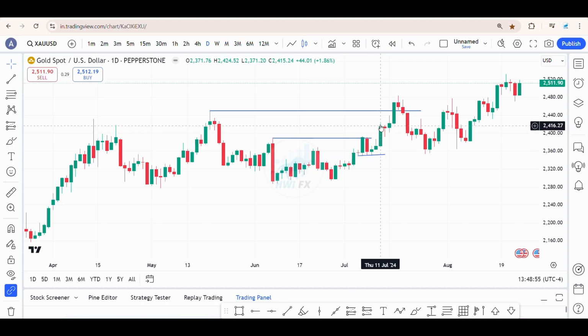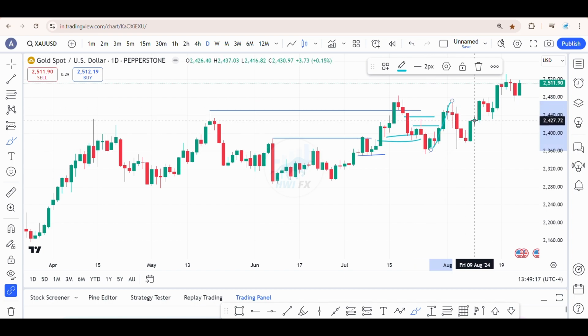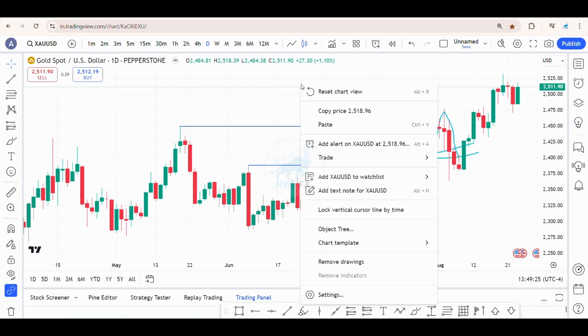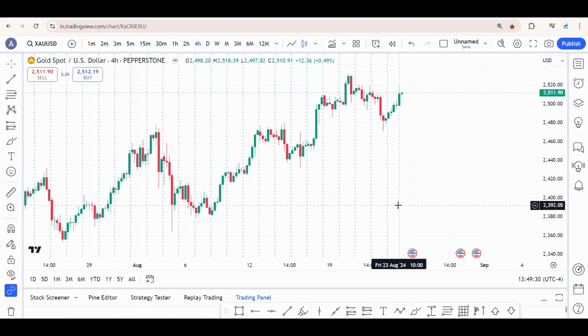Then price went all the way up to take the external, then came back down, tapped into this very nice FVG here, then again went up to fill this FVG, then went down, and then went up again, then coming down. There is also an FVG. So price a lot of the time is doing the same thing, internal to external, external to internal.